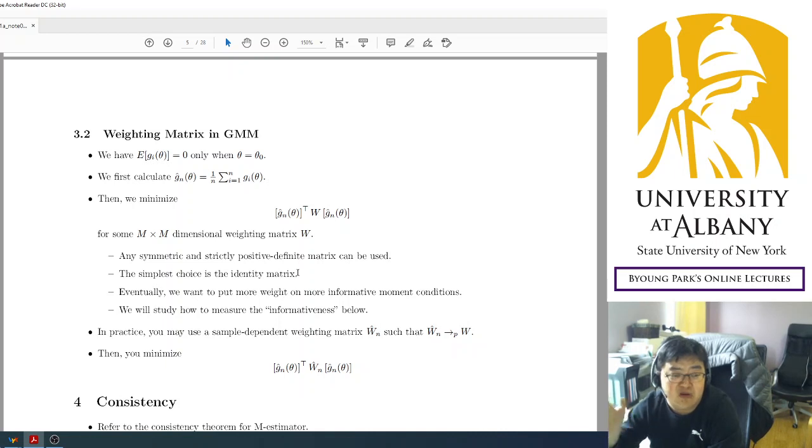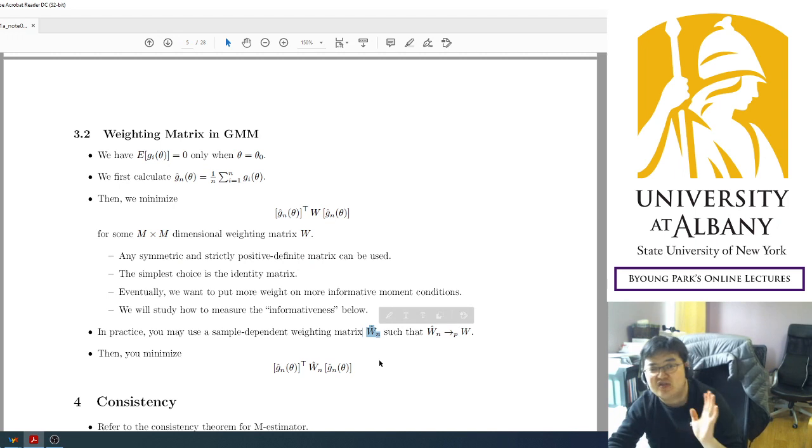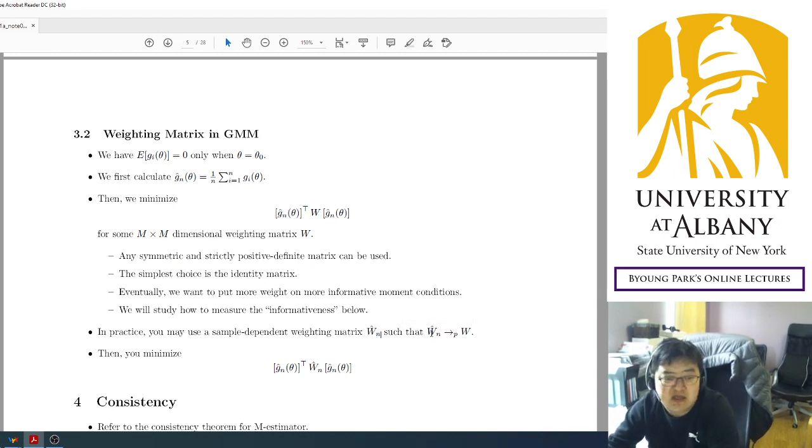You are going to learn that later, and we will study that. And in practice, you may also need to estimate the weighting matrix. Then what you need is just that the estimated weighting matrix must be consistent for the metric you want to have in the limit.